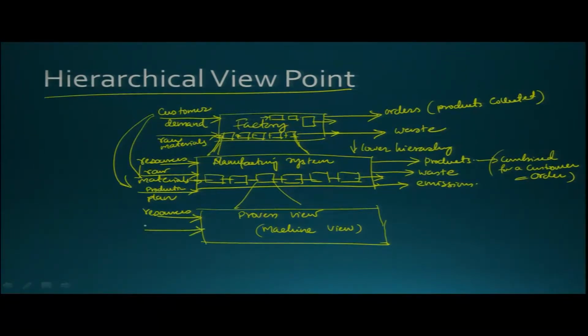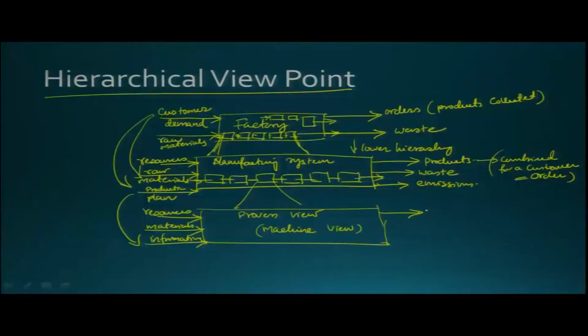You have materials or raw materials, and then you have information. The production plan gets translated to information. So it says take this particular raw material, use this particular tool bit and this coolant, and do this type of machining for the next 3 minutes, then you will get this particular part.